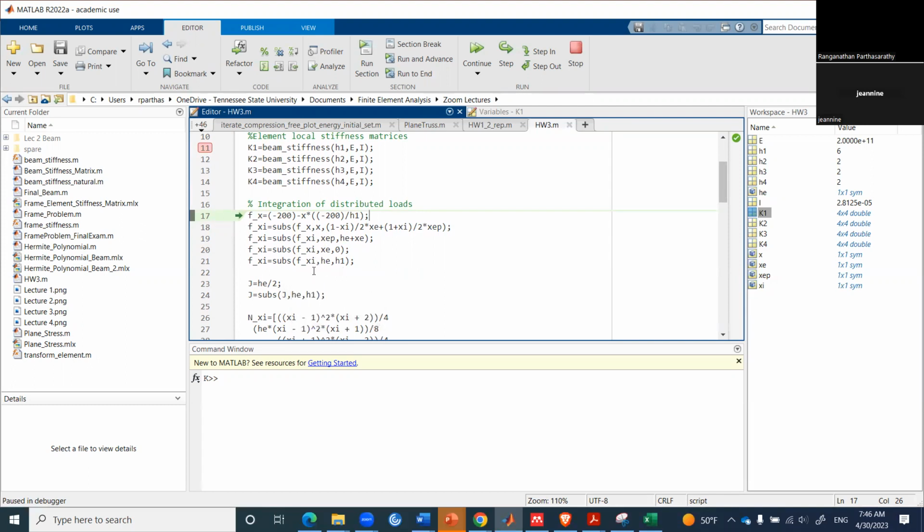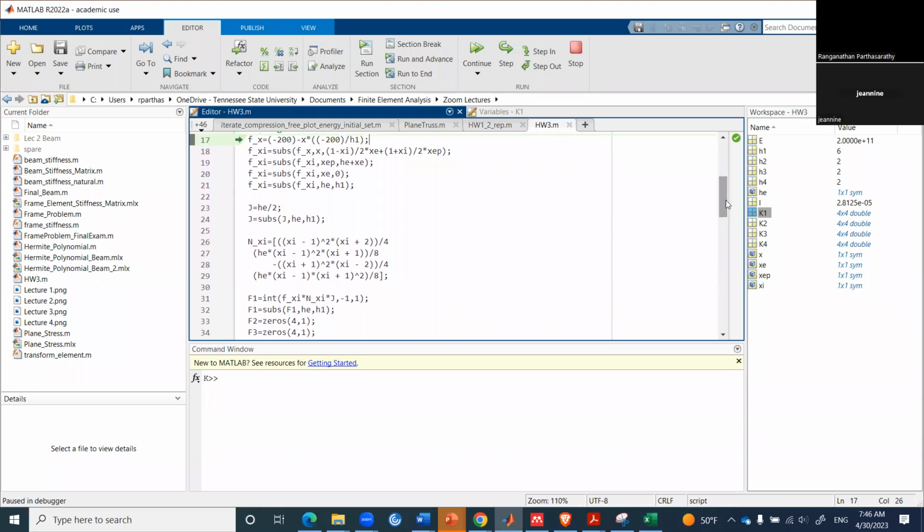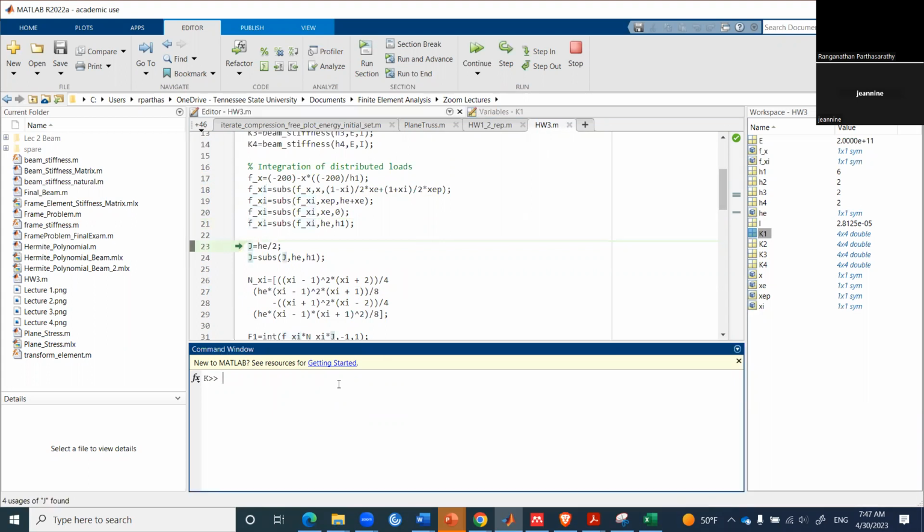You're making it for element number 1, right? Right. So then you got f psi, right? 100 psi minus 100.